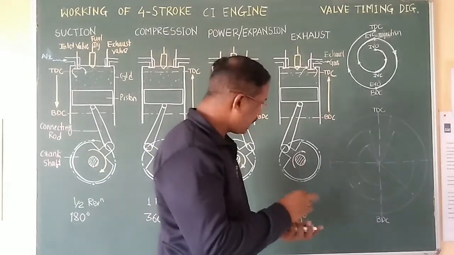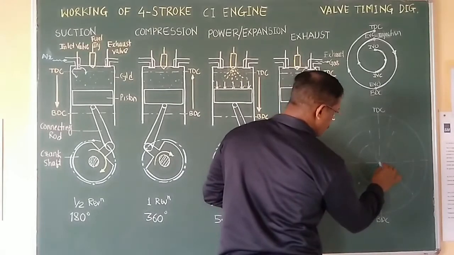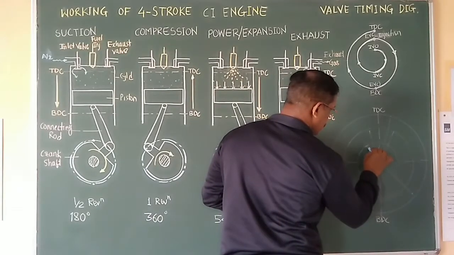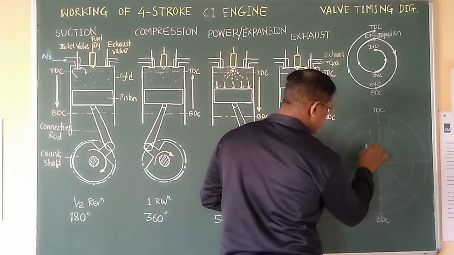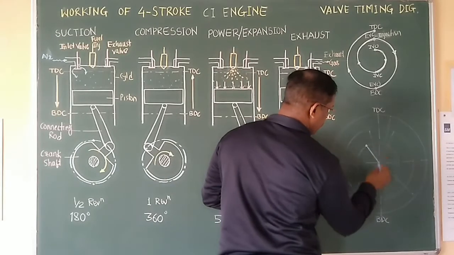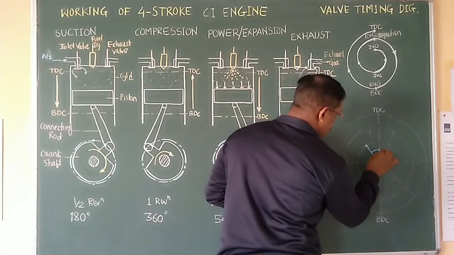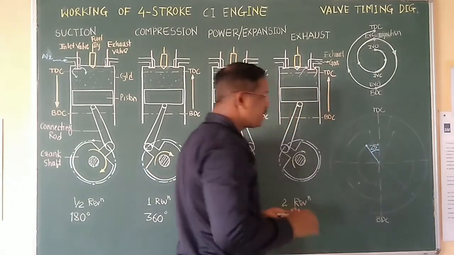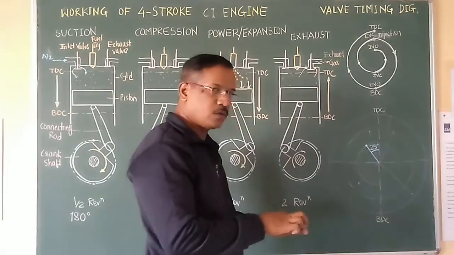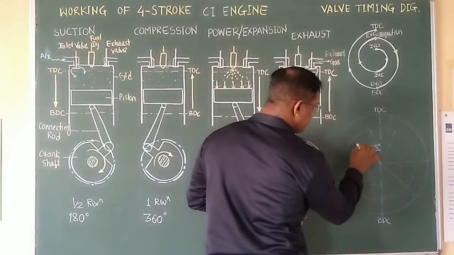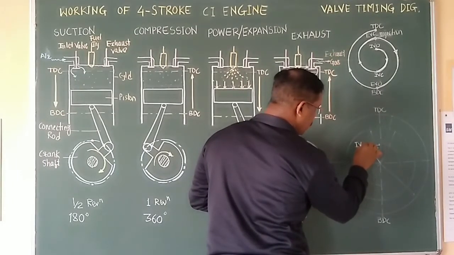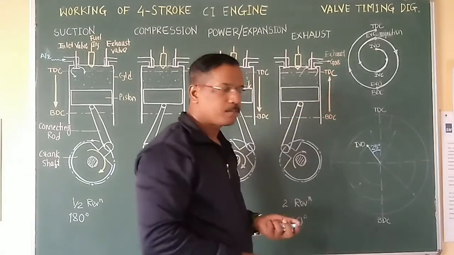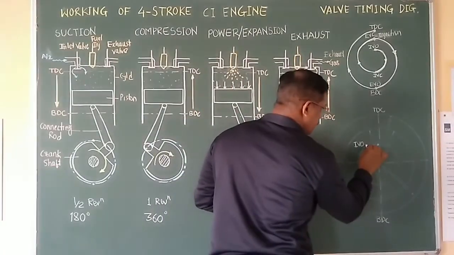Now draw one line about 25 degree before TDC. So 25 degree before TDC, the inlet valve opens and suction starts.